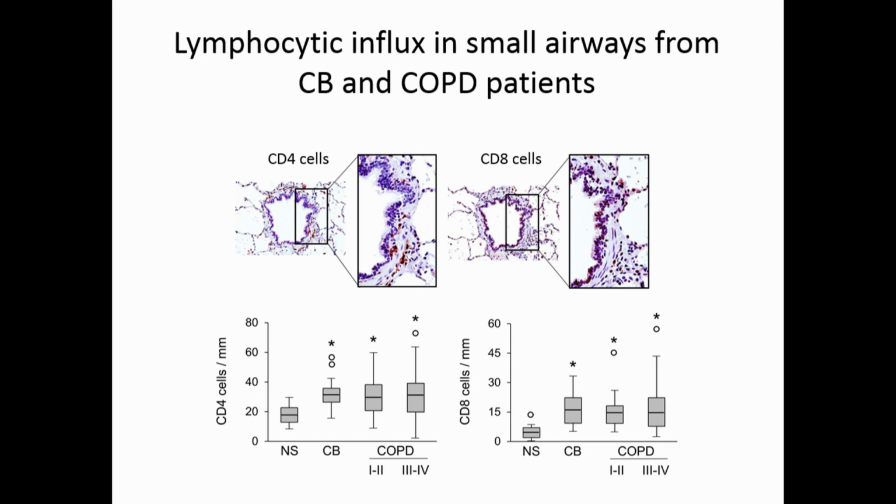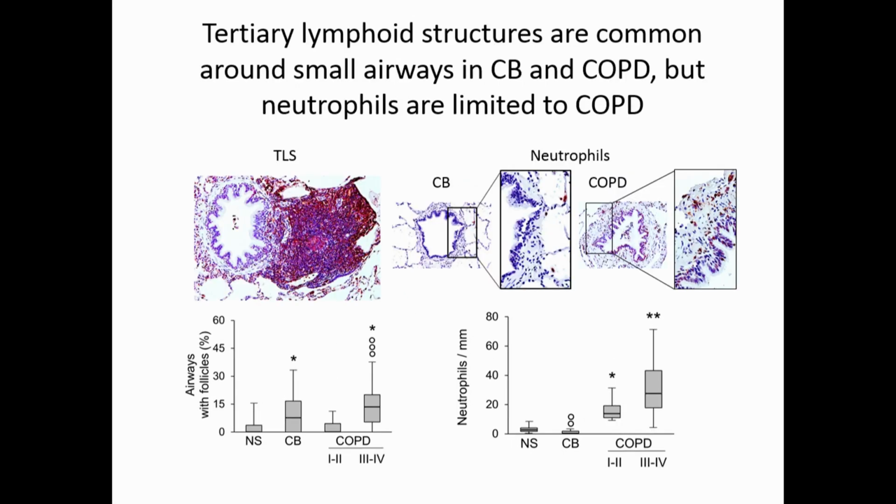When we looked at CD4 cells, you can see in constrictive bronchiolitis, they're increased substantially compared to the non-smokers, and at the same level that we see in COPD. Same is true with CD8 cells. You can see that the CD8 cells are increased here, similar to COPD. So lymphocytic influx and inflammation is a component of this.